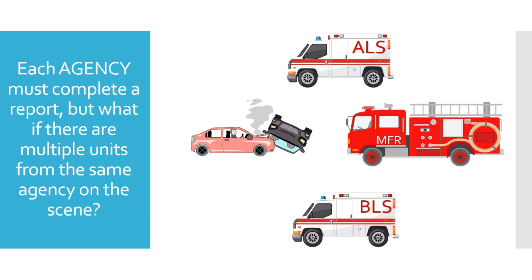If you have multiple agencies on the scene and you have a patient refusing care, one agency cannot absolve the other agency from doing a refusal of care. Both agencies must complete a refusal of care report and obtain a patient signature.